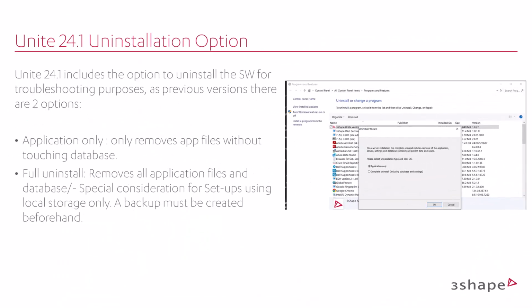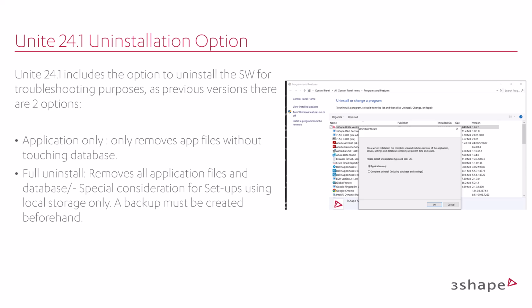Unite 24.1 offers the option to uninstall the software for troubleshooting purposes, similar to previous versions. There are two uninstall options available. Application only: this option removes only the application files without affecting the database. Full uninstall: this option removes all application files and the database.